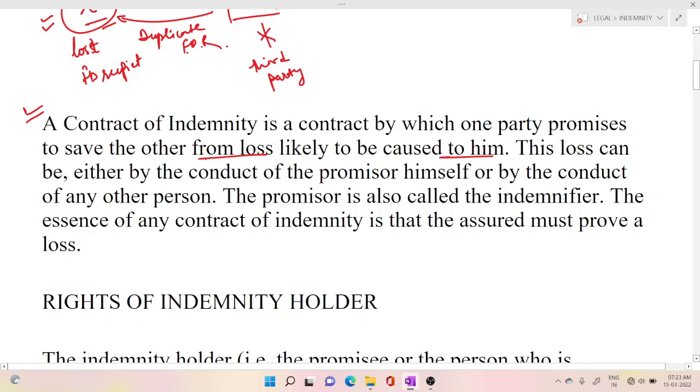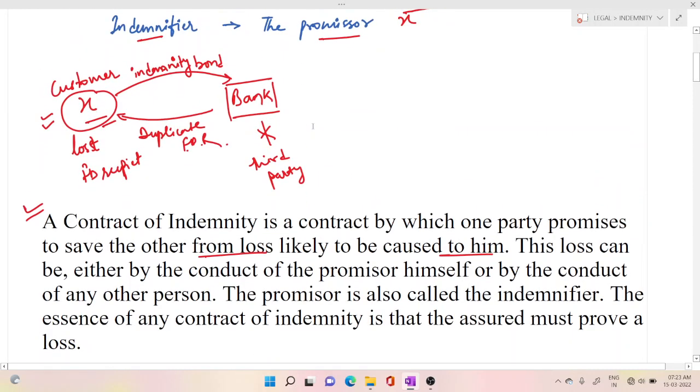Here Mr. X promises the bank to save it from the loss that a third party might claim. That duplicate FDR or FD account belongs to Mr. X. Here X provides a kind of guarantee.